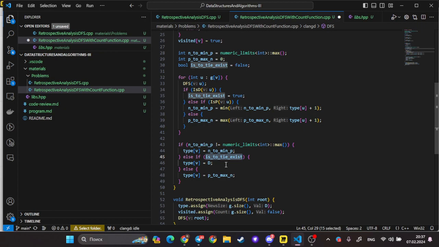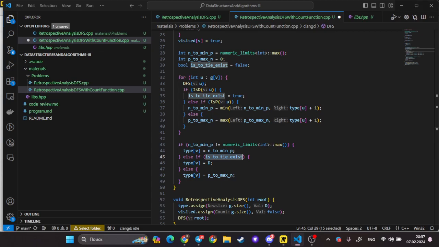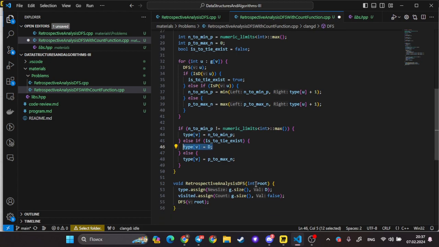Else, if we have some d vertex, it means the second player can extend the game forever, and we mark it like that. We could live just with this case, but I think it's clear to understand.